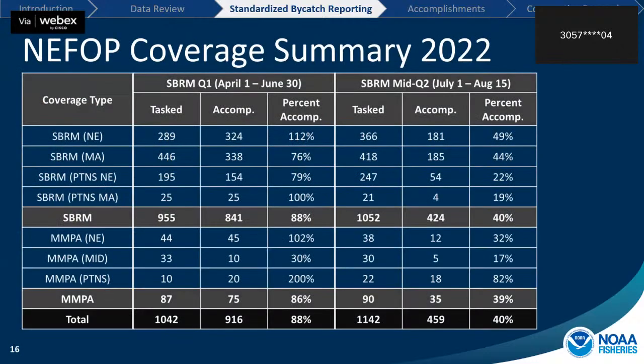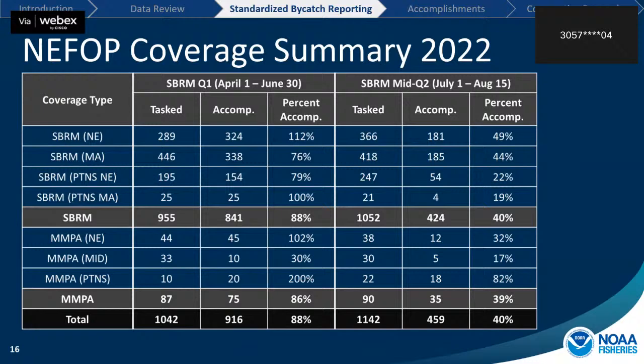So this shows you the breakdown of the Mid-Atlantic and New England. The breakout is by our Marine Mammal Protection Act days and our SBRM days, as well as what we call our solicited trips. These are trips in which observers or our provider managers are looking for the effort at the dock, making calls, trying to find where the effort's occurring in order to achieve some task days.